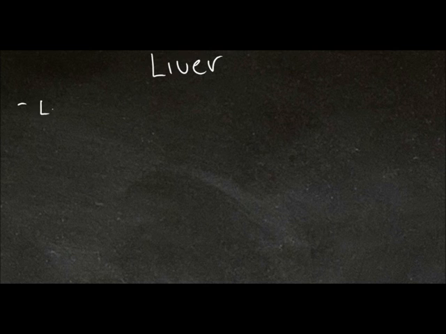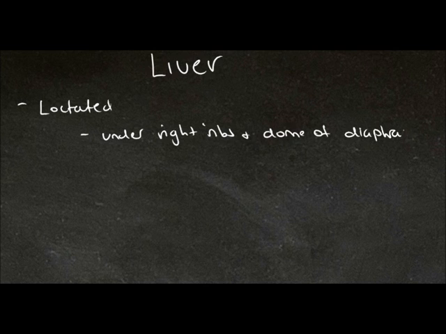It is located under the right ribs and right dome of the diaphragm. Its upper limit is at the level of the nipples. And its lower limit follows the costal margin.